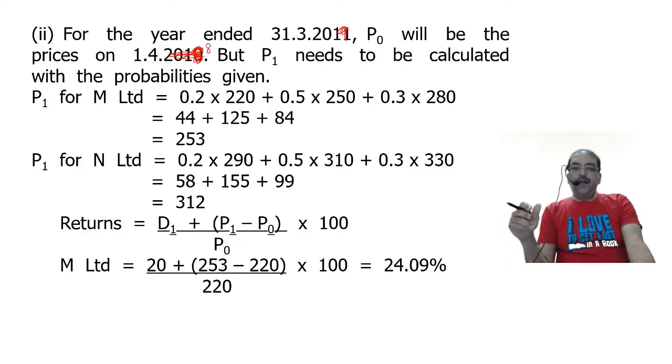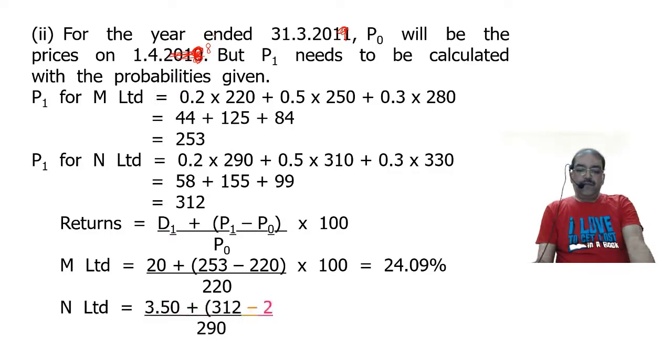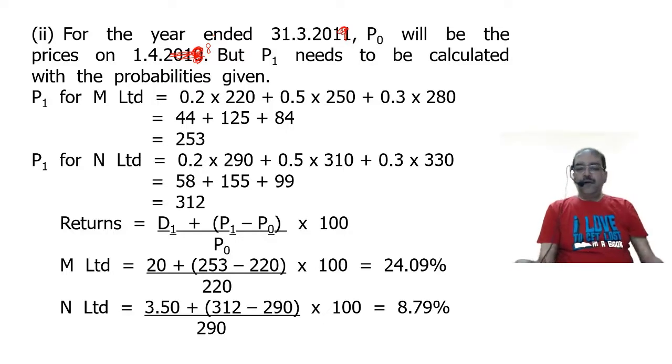Dividend for the second year they have given 20% of 100 rupees face value, which is 20 rupees. For the second company, it is 35% of 10 rupees. That is 3.5. So returns of 8.79% for N Limited.